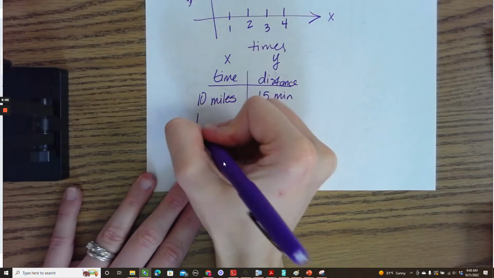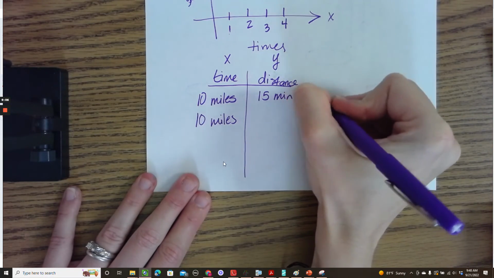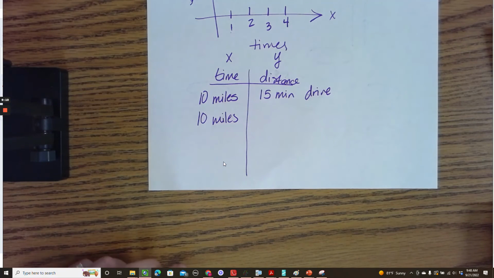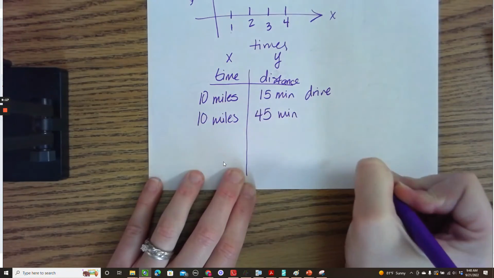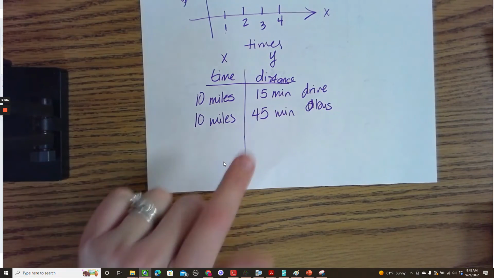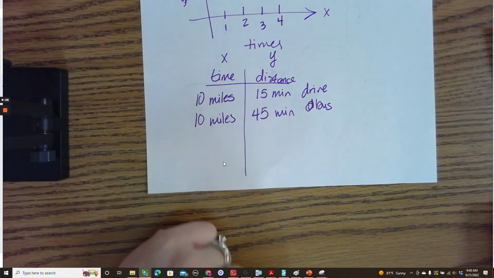Ezra lives 10 miles outside of school. So this is somebody's driving him. Ezra, about how long do you sit on that school bus in the morning? 45 minutes, right? That's bus, right? So they both live the same distance. But their times are different because they're getting here different ways.